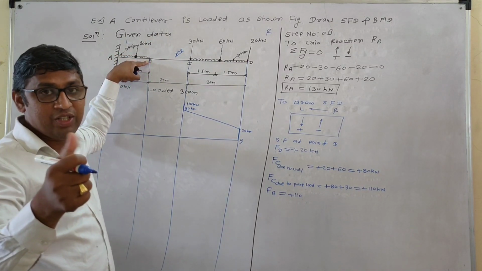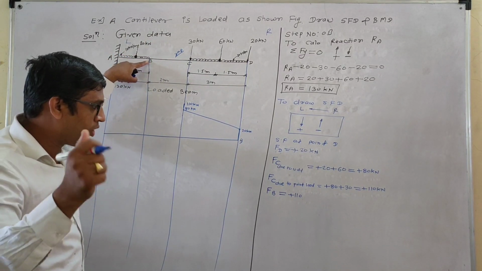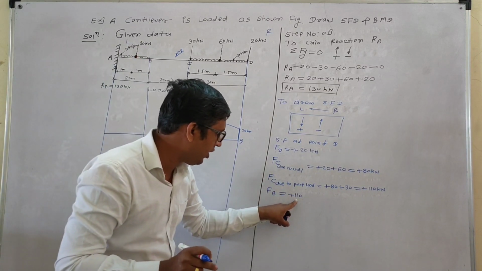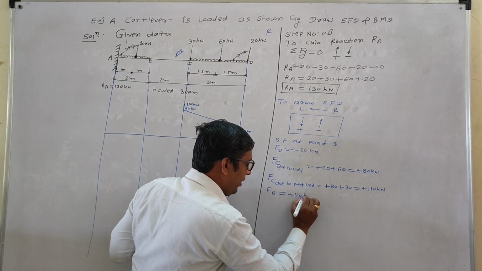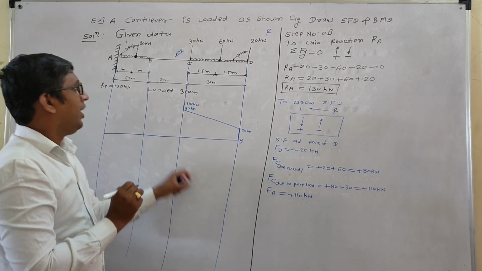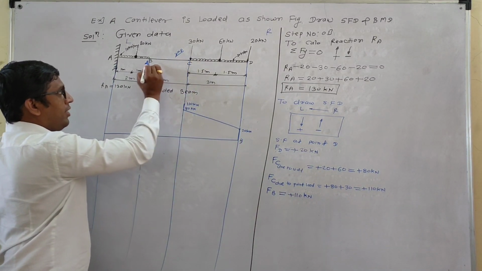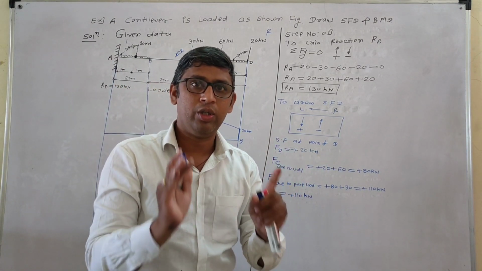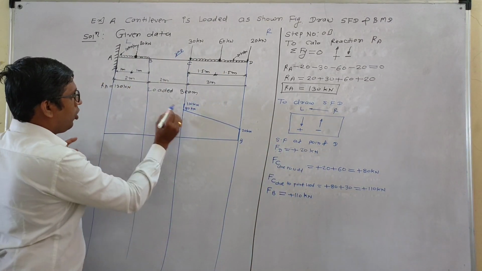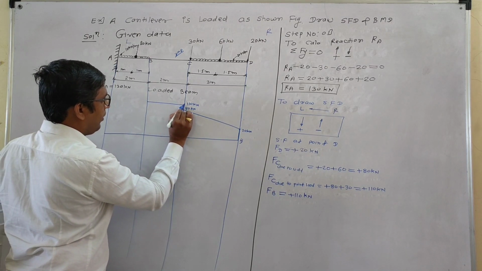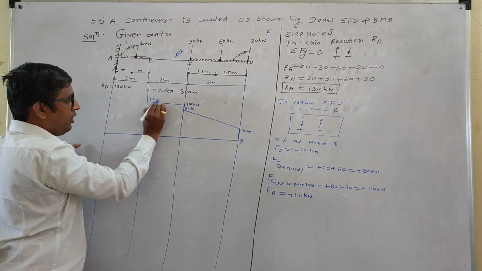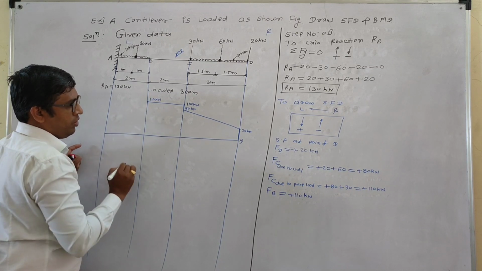Means shear force at point B is how much? 110 kilonewton. And in between C and B there is no load. Then you have to draw the horizontal line with the same magnitude, 110 kilonewton force.